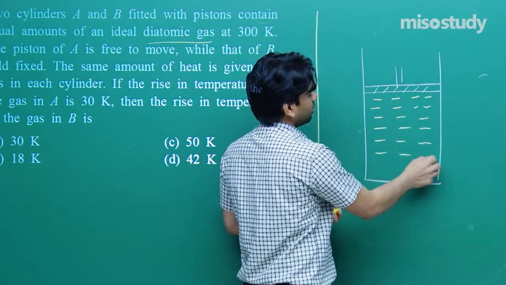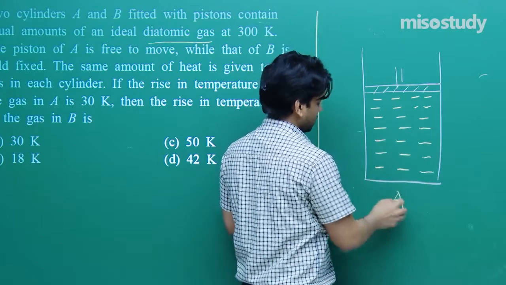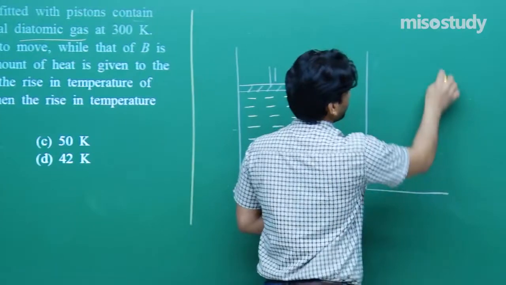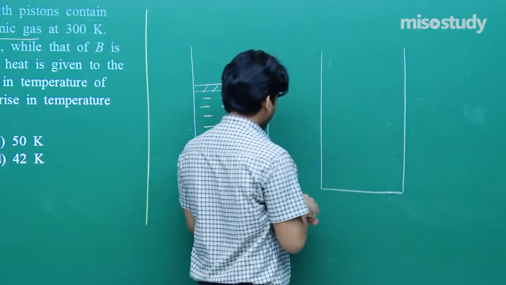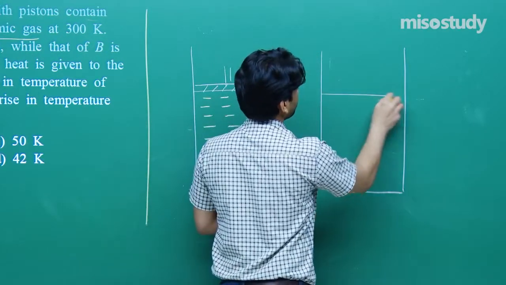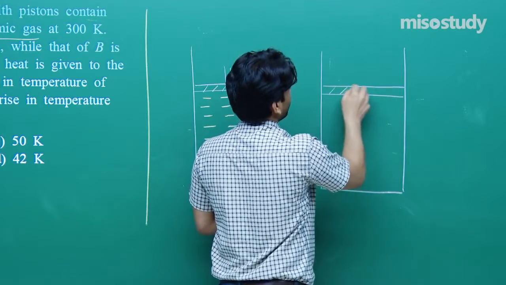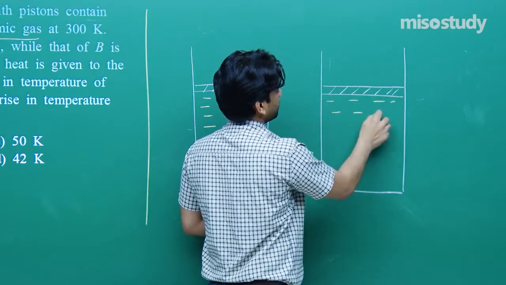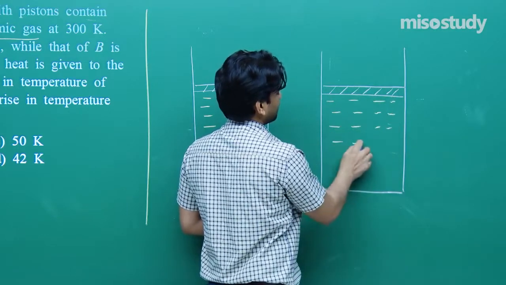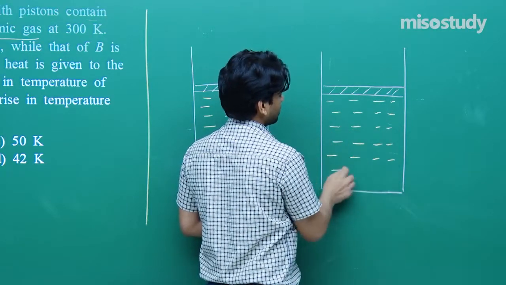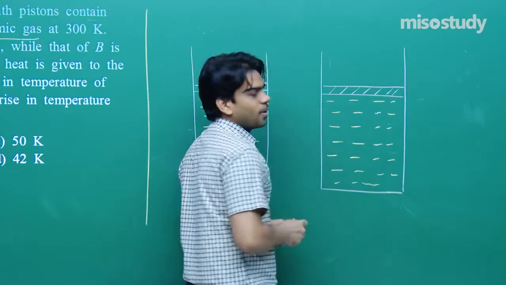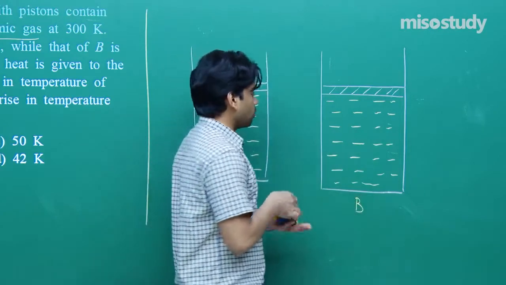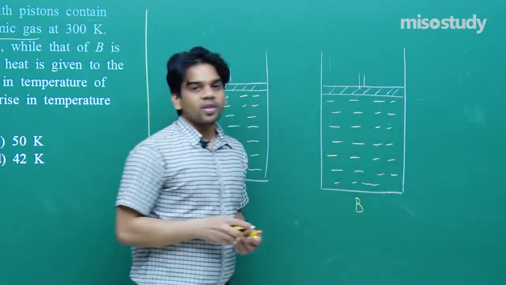A and B are the two cylinders. Same amount of gas we have taken, that's why I am drawing both diagrams in similar fashion. Diatomic gas, I hope you remember the Cp and Cv values and the gamma value of it. So this is piston cylinder B.